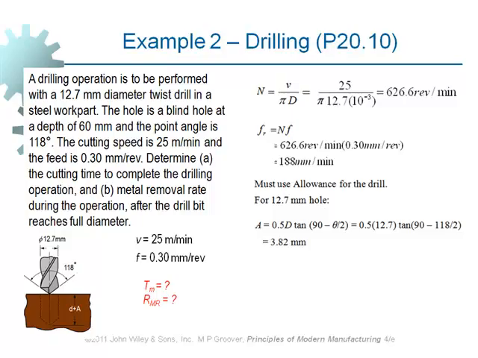Is it possible for us to compute the allowance, which is considered only for the tool tip, from this tool tip to where it reaches the full diameter? Can we compute the length of this line once we have the angle and the diameter? Yes, it is possible.